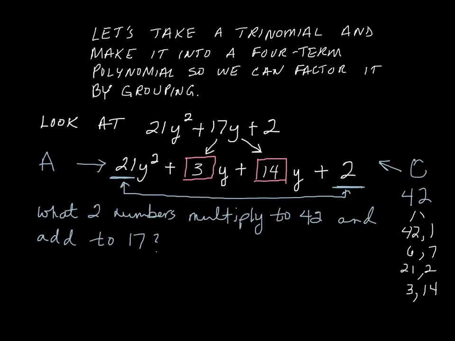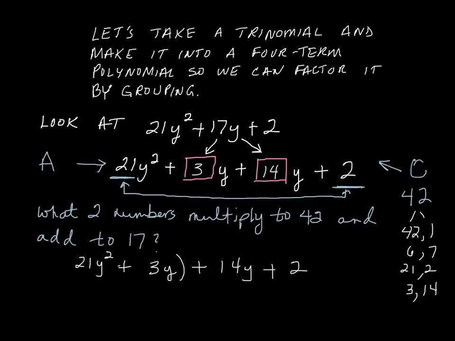So now we have a new polynomial. The polynomial we have is 21y squared plus 3y plus 14y plus 2.